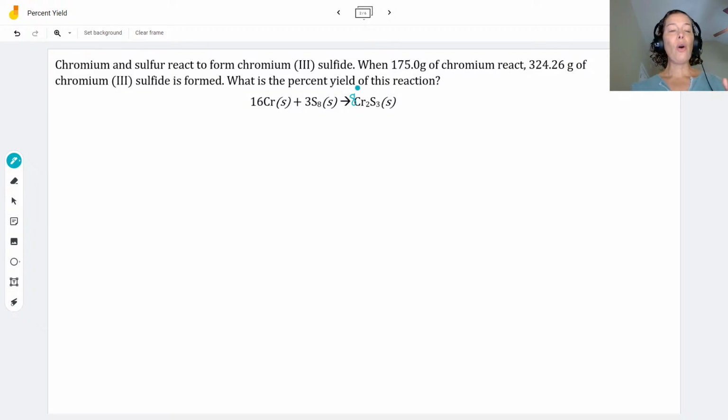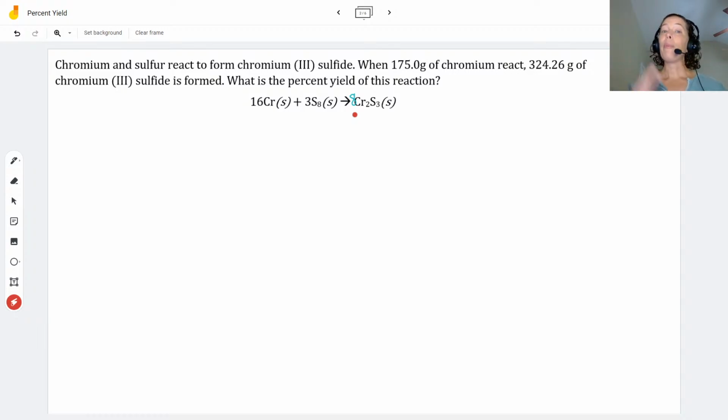Okay, so first of all, let's identify this as a stoichiometry problem. I know it's stoichiometry because I am given information about one compound, and I am really asked about the percent yield, but you can see I'm given information about different compounds, and I am relating these with a balanced chemical equation. So at some point, we're going to do some stoichiometry in this problem.